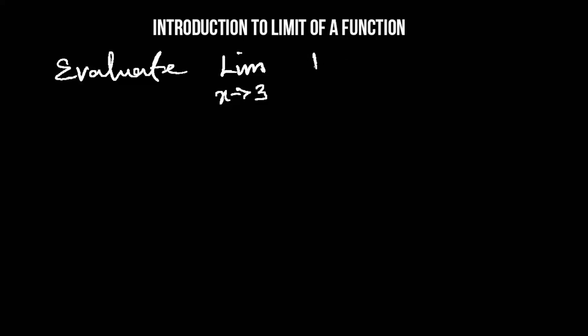All right. If we go a bit complex into some kind of rational functions, like: evaluate the limit as x tends to 3 of (1 over x minus 1 over 3) divided by (x minus 3).